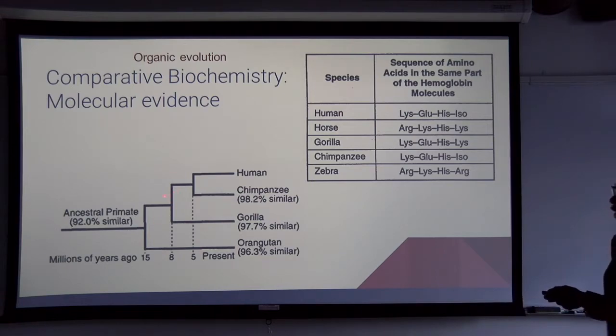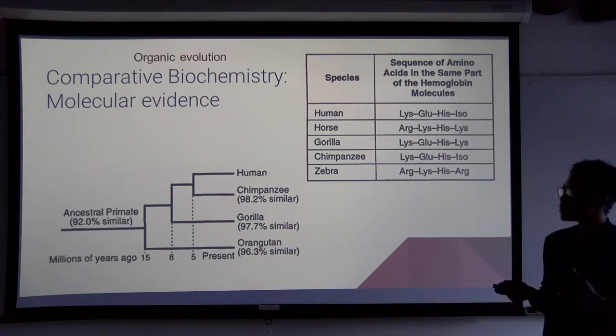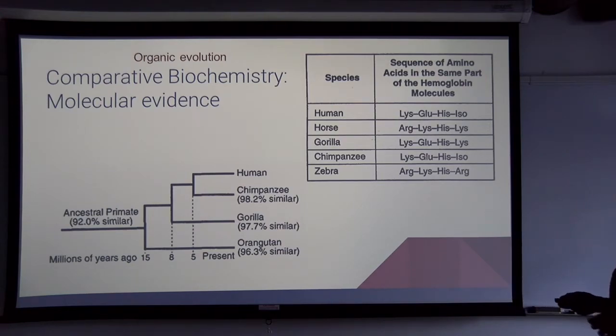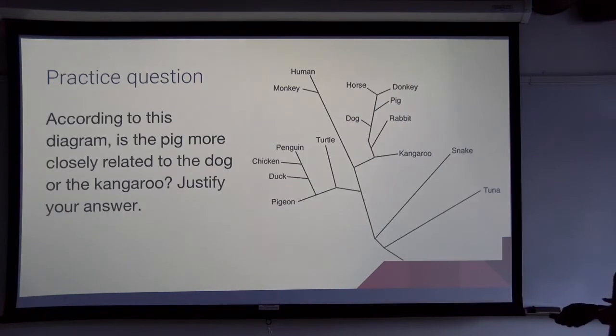But as times changed and the environment changed, different characteristics helped us develop into different species. Here on this chart, we can see that there are different amino acid sequences, but we have a lot in common with each other, showing that we derived from a common ancestor.